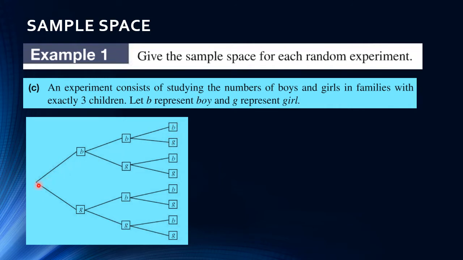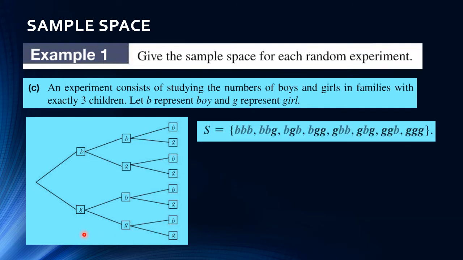And then all we have to do is follow each path. Boy, boy, boy; boy, boy, girl; boy, girl, boy; boy, girl, girl; girl, boy, boy; girl, boy, girl; girl, girl, boy; girl, girl, girl. And so here are all the options. When you have multiple options, this decision tree or tree chart can really be helpful to make sure that you don't miss any.